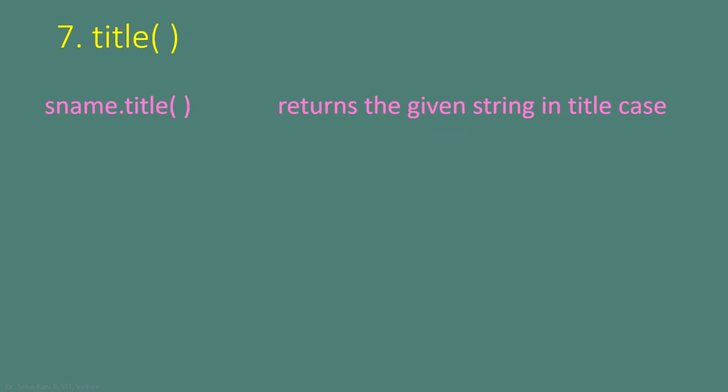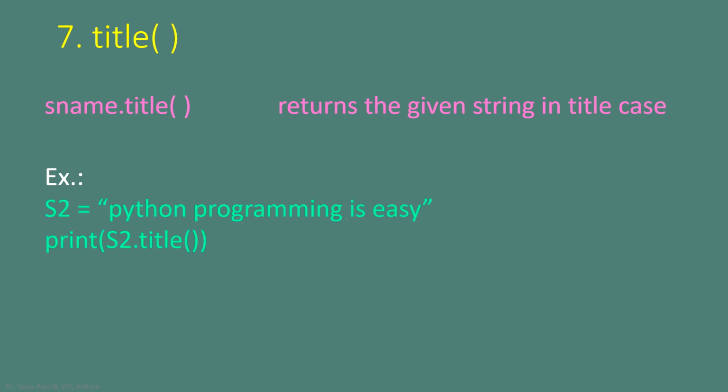Next method is title. Title is the method which will convert the given string into title case. It means the first character of every word in the given string will be converted into a capital letter. The syntax for utilizing this method is also string name dot title(). Let's see an example.